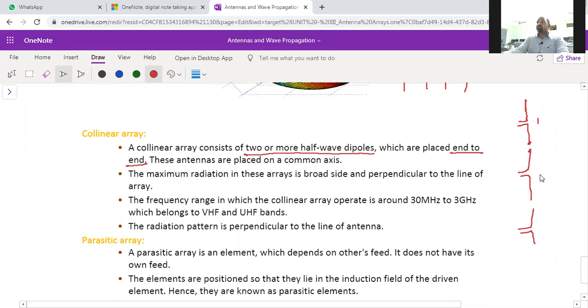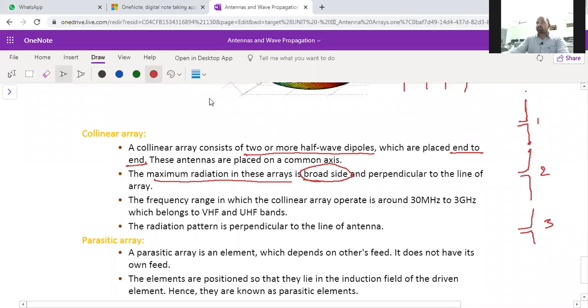This is antenna 1, antenna 2, and antenna 3. So all the antennas are connected end to end in a single line. Therefore in a collinear array we are changing the arrangement also. And the maximum radiation in this array is broadside. Broadside in the sense what?